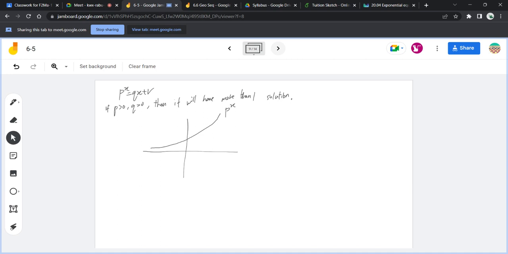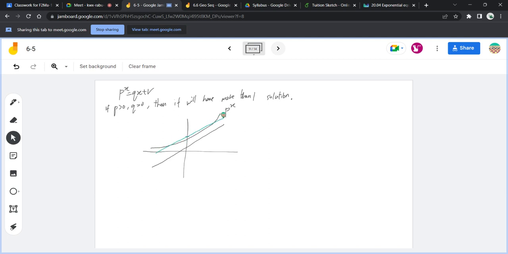So it's something like this one. But now we see that for some r, this line is below the exponent graph, then we have no solution, because we will not have any intersection of these two functions. But if we choose r to be somewhere over here, then we can get an intersection of these two graphs.